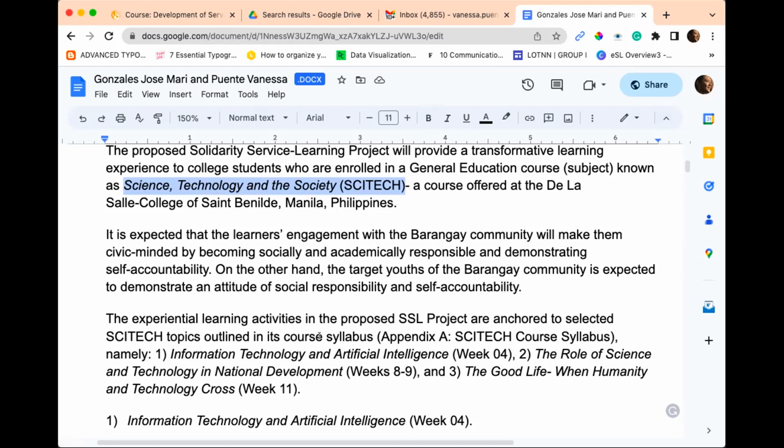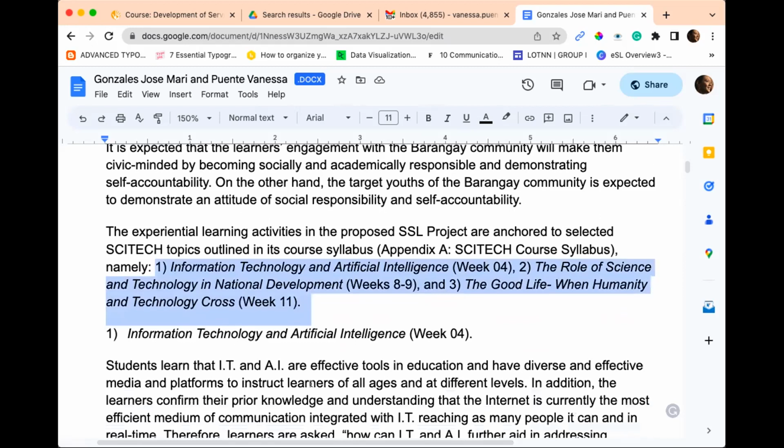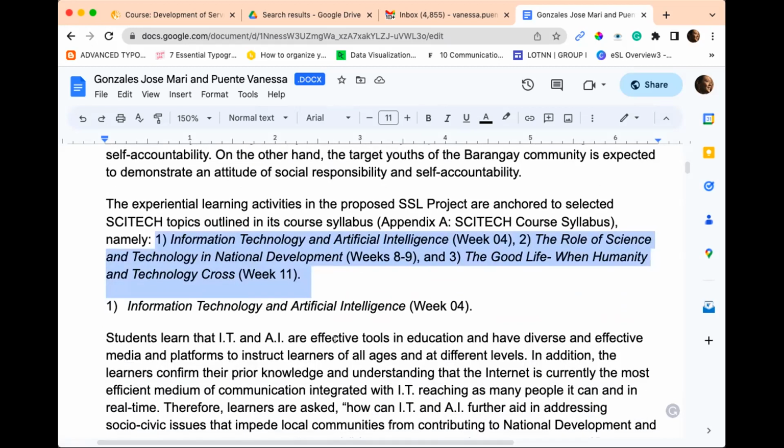With this subject, we have three topics by which we can engage our students through this SSL project. The first topic is the major topic of information technology and artificial intelligence, which is delivered in week 4.